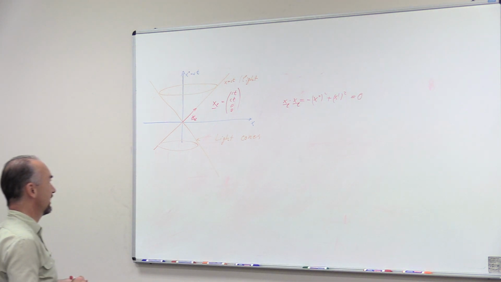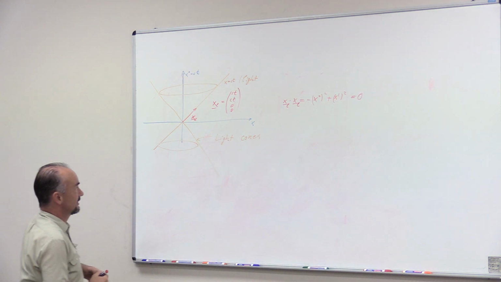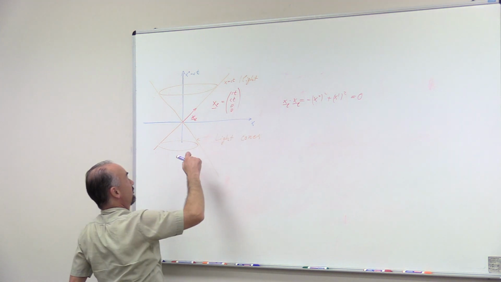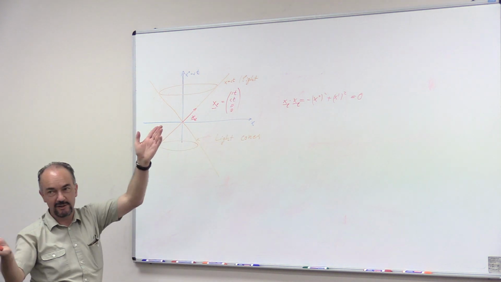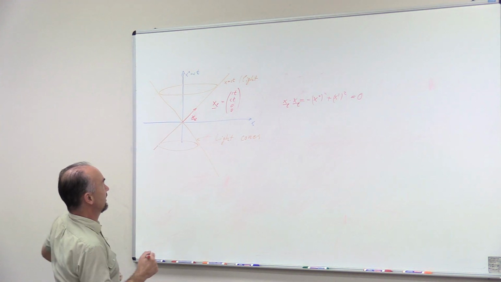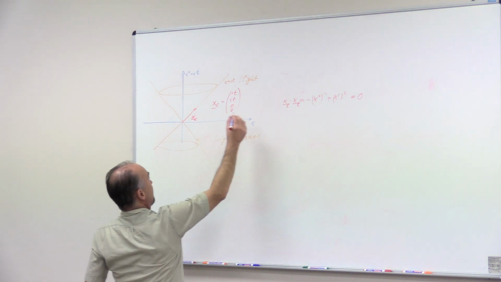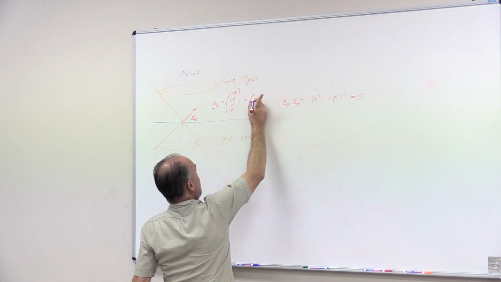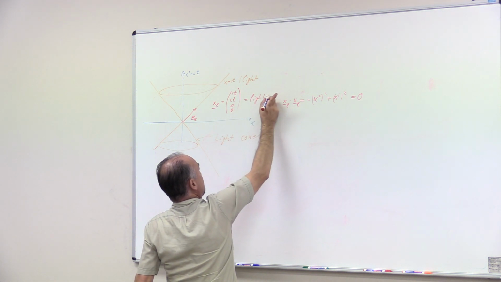It means any vector that has this kind of shape going in x and time at the same rate, that is called a light-like vector. So this x_L is then called the light-like vector.